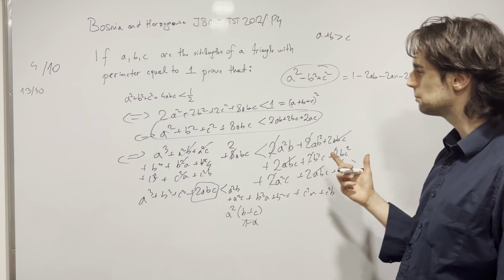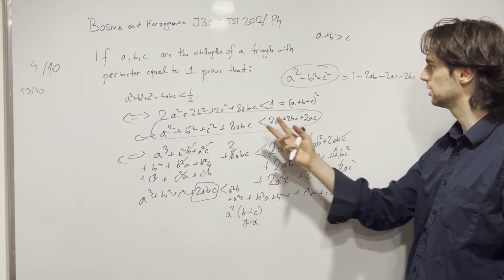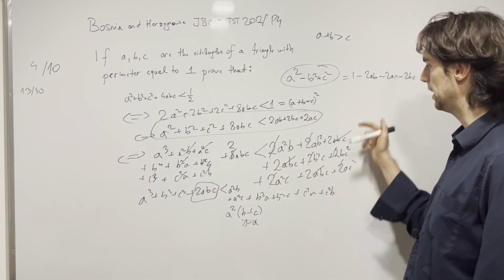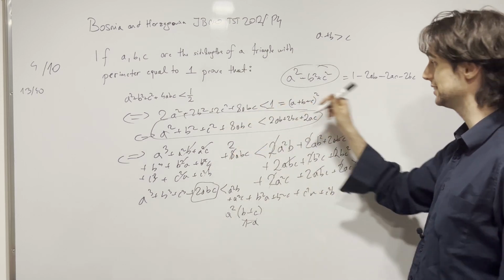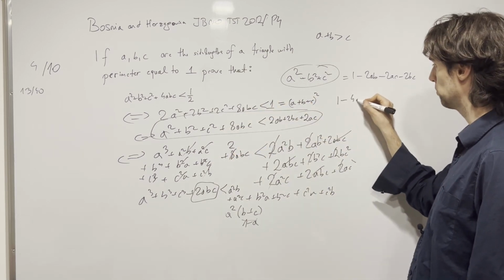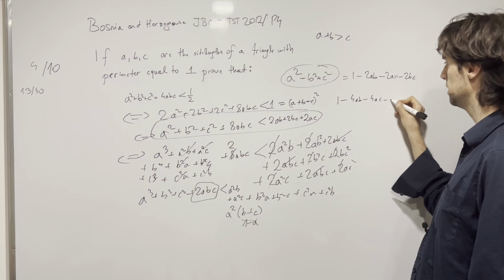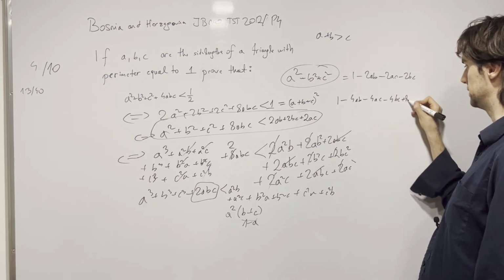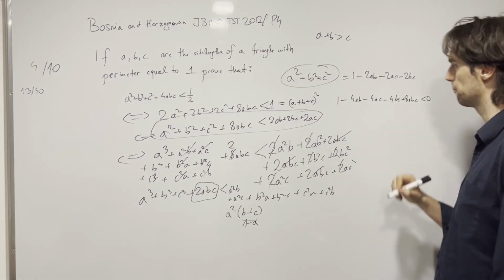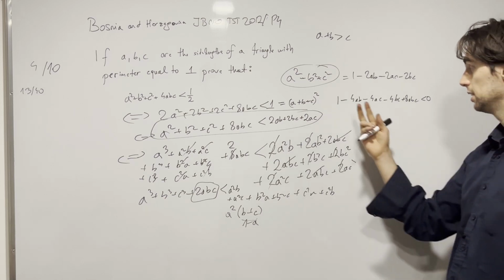I'm not maybe doing much, I'm sort of returning back to the original thing I had. And then if I put everything on this side, I'll have 1 minus 4ab minus 4ac minus 4bc plus 8abc needs to be less than 0.